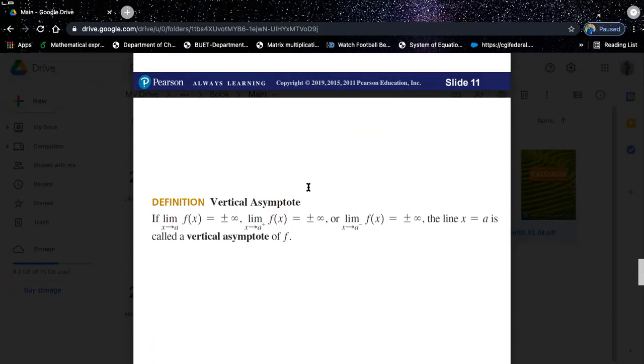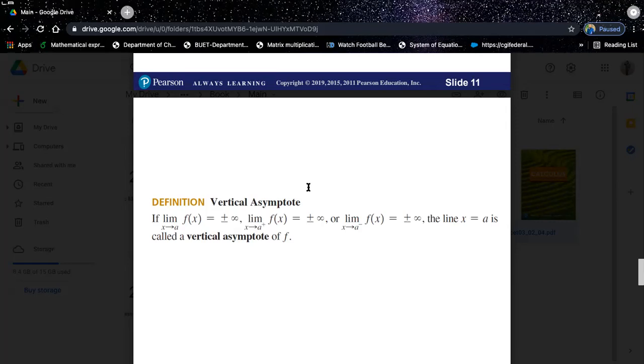Let's first see the definition. When x is approaching a certain value a, if the function approaches infinity, positive or negative, or even for the one-sided limits, then we say that x equals a is the vertical asymptote of that particular function.